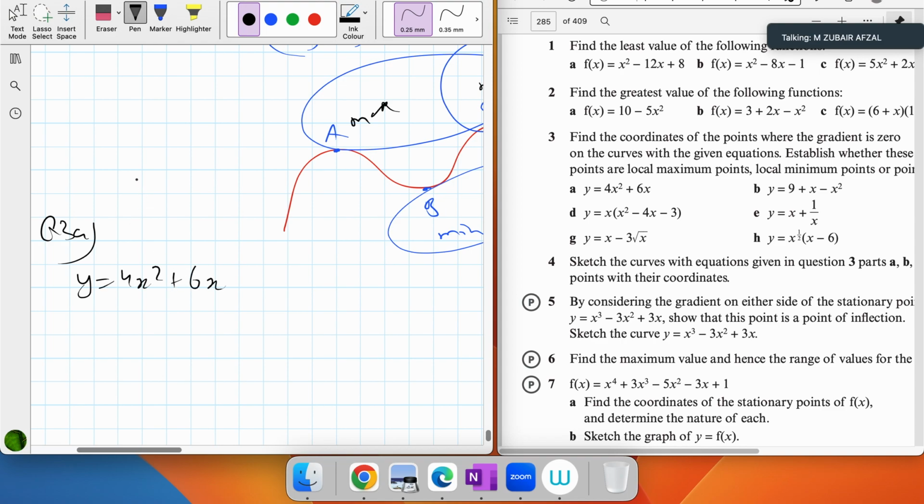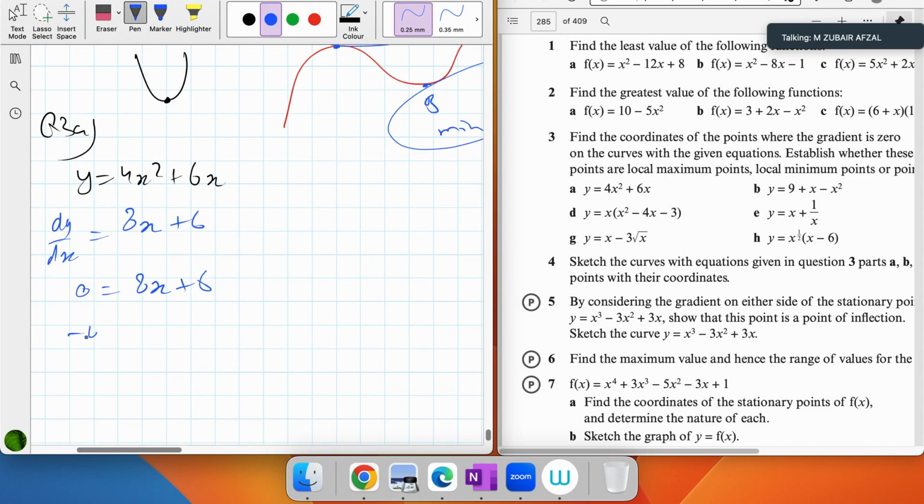So it will have only one turning point, either minimum or maximum. We already know that this is positive, so dy by dx is 8x plus 6. At the turning point, the gradient is 0. Solving, minus 6 by 8 is equal to x, so x is minus 3 by 4.